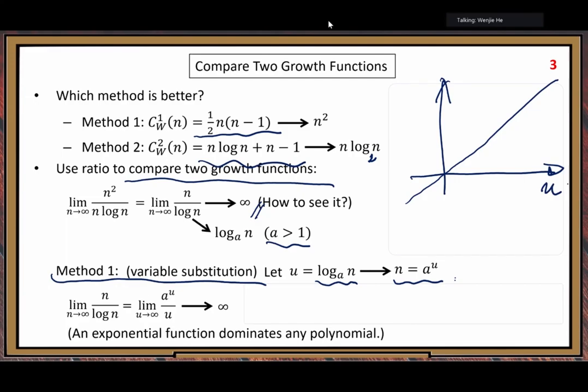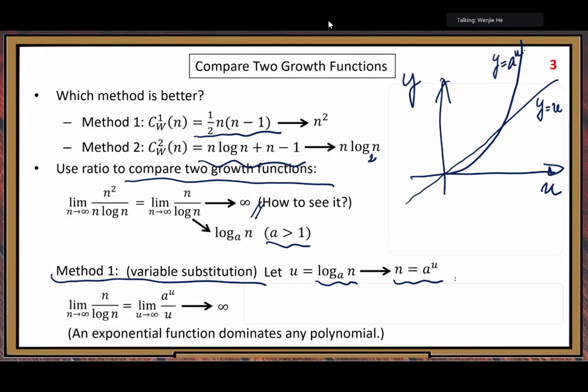Then the y-axis. So this line is y equals u. Then the exponential function increases like that, much faster. So this is y equals a to the u.